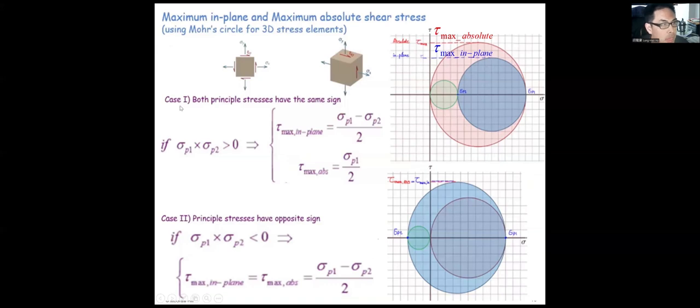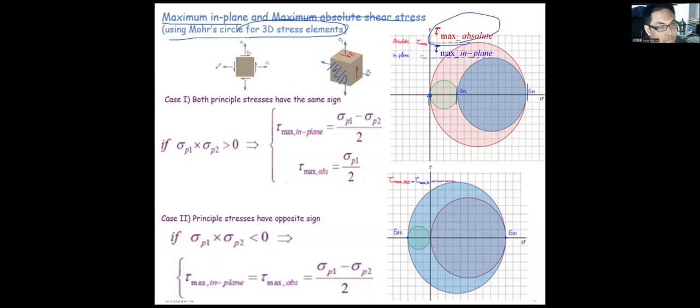Okay, so just to briefly summarize what I already told you, the maximum in-plane and maximum absolute shear stress: you use the Mohr circle for the 3D element case. For example, in this case, there are no stresses applied to this plane, that means sigma 3 equals 0. So we have sigma 1, sigma 2, and sigma 3, and we can plot 3 Mohr circles to figure out the absolute maximum shear stress.